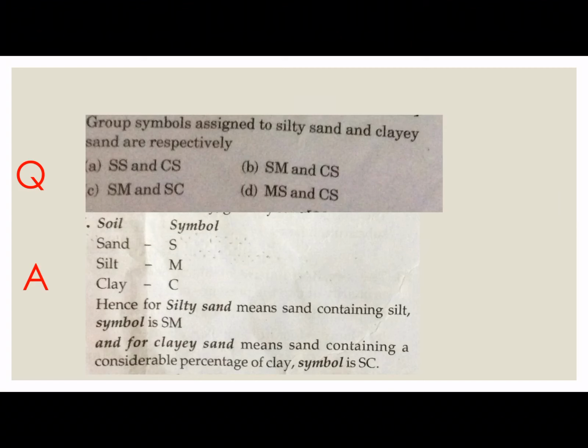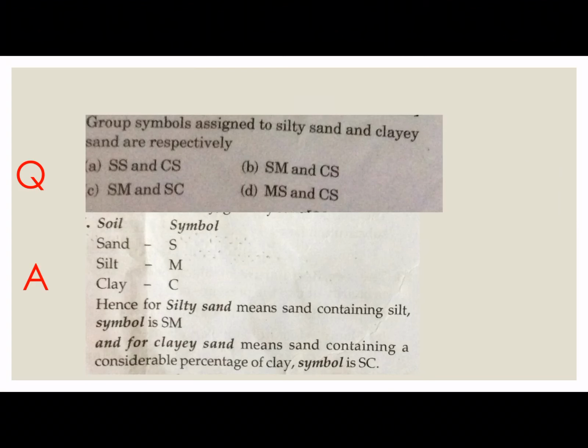As we discussed, the notations for sand, silt and clay are S, M and C respectively. So silty sand is a sand which is containing silt, so it's represented as SM. And clayey sand means it is a sand containing a considerable percentage of clay. So it is SC. From the notations it's clear.